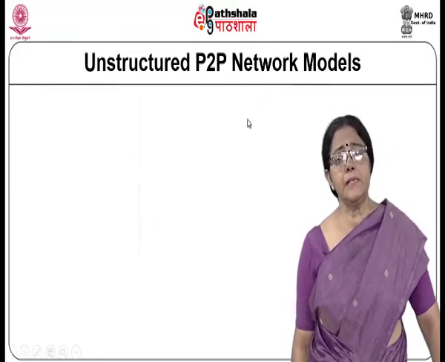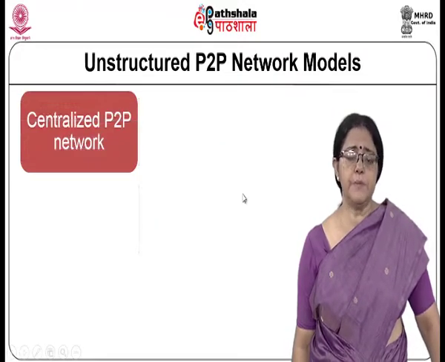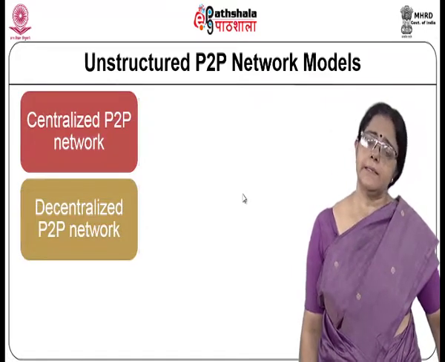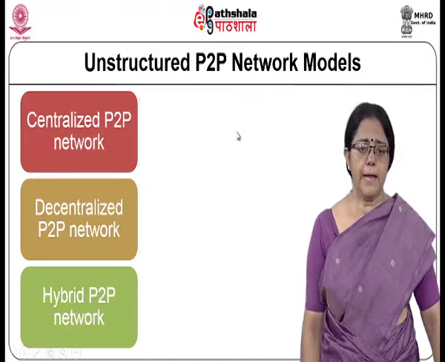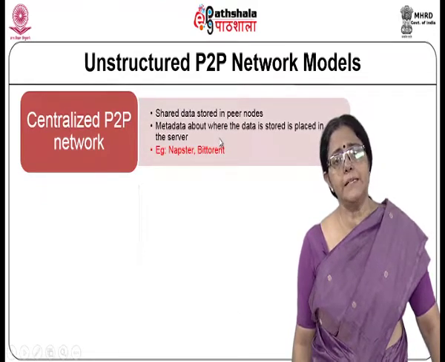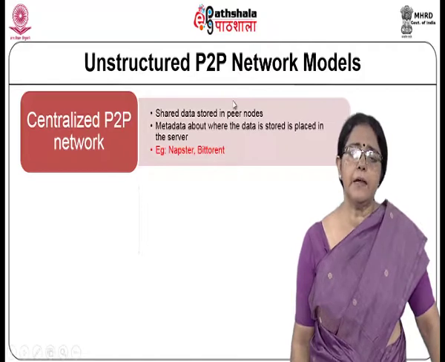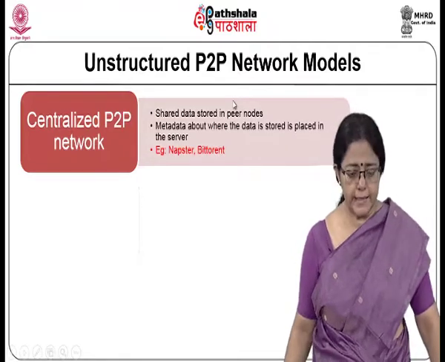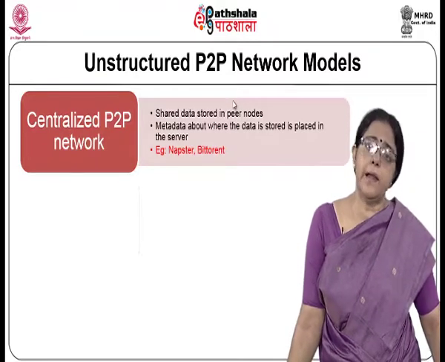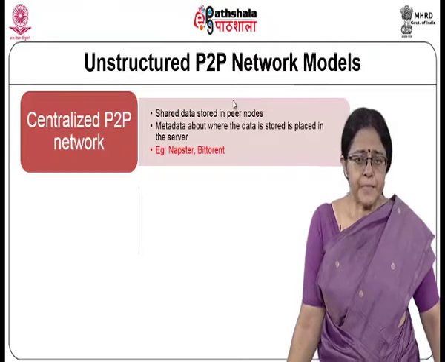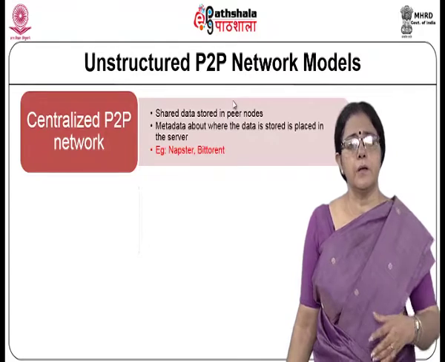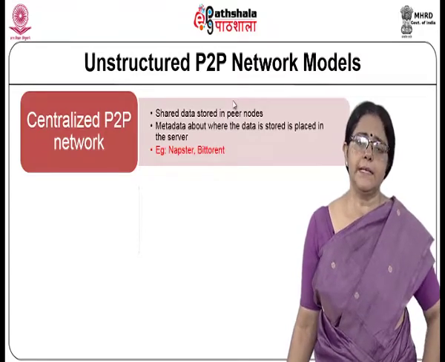Now, in unstructured we have a few types. One is called the centralized P2P, the next is called the decentralized P2P, and the third is a hybrid model. In centralized P2P, there is a server. Now, what does this server contain? We must understand this very clearly. The server is not the same as a server in a client-server mechanism. This is a server which contains the indices of information about the data among the nodes.